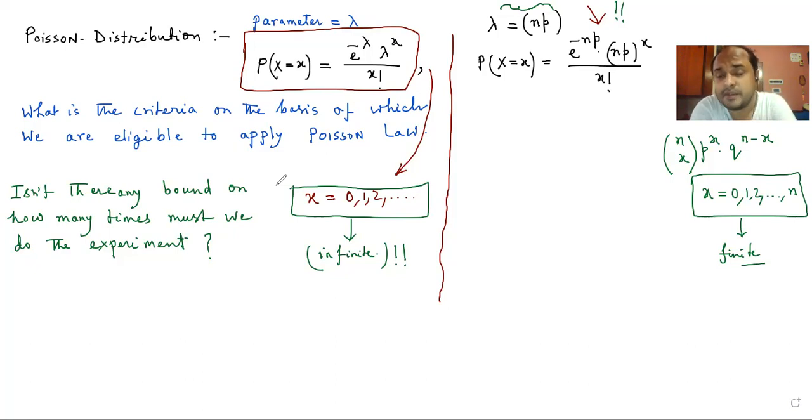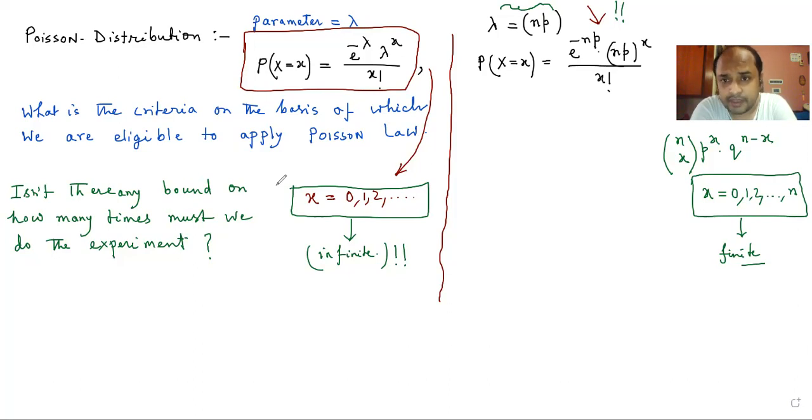Whenever I say that the number of experiments is many or infinitely many, that doesn't mean that I have to do the experiment infinitely many times, because the human lifetime is not infinite, it is finite. So in a finite lifetime, you cannot perform an infinite number of experiments.